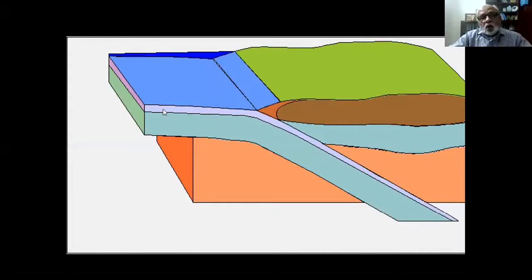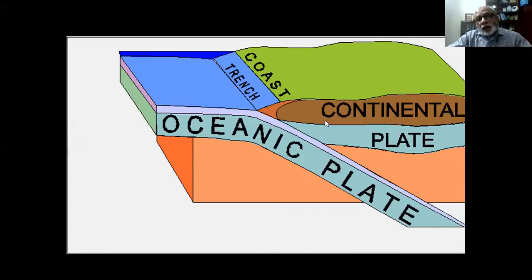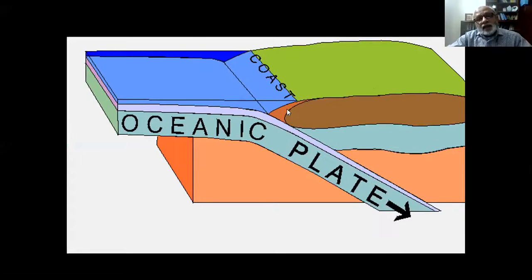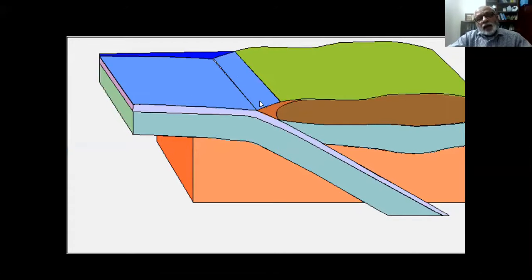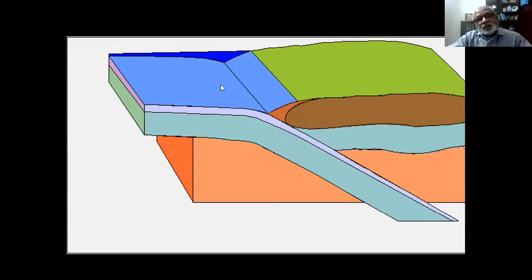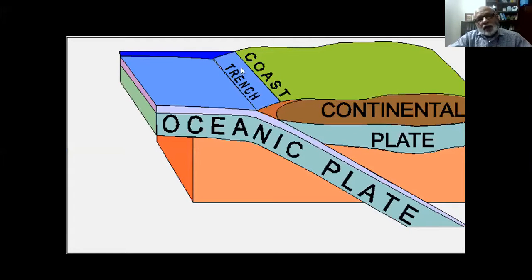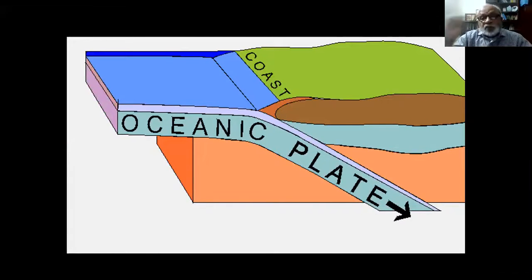This is the closing of the ocean: when two plates, two crustal blocks, collide, the ocean starts to close. You can see this ocean slowly closing up, with the continent pushing towards the ocean.